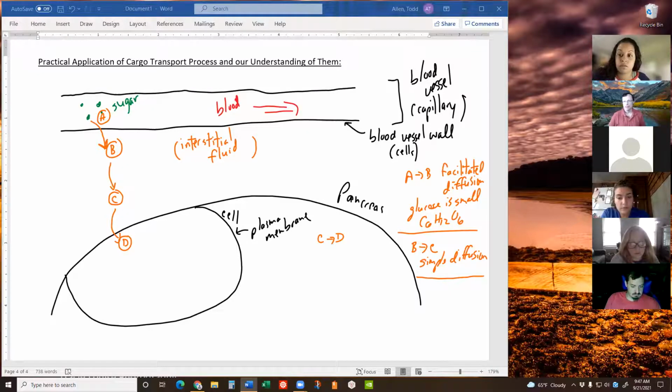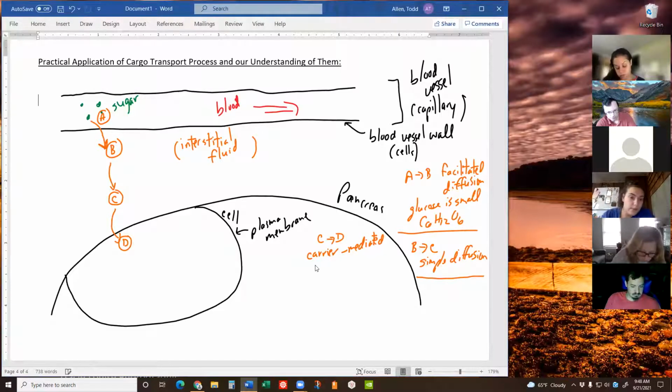Yes, it's going to be carrier. Channel is used for small ions like hydrogen ions, sodium ions, potassium ions, and chloride ions. It's going to be carrier mediated facilitated diffusion. A to B was also carrier mediated, I just didn't write it down.